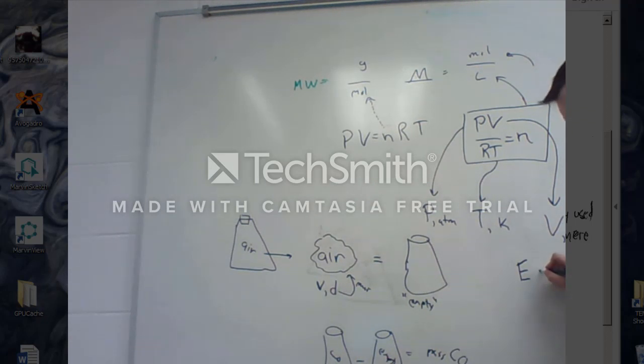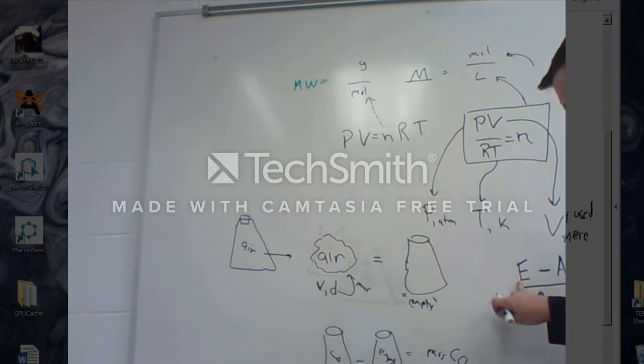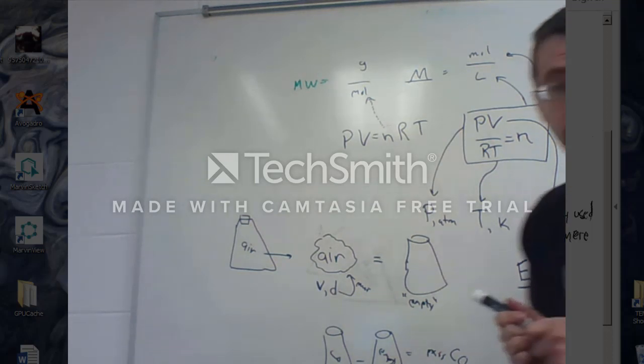Well, we know what its actual value is. So if we subtract our experimental value from the actual and divide by the actual times 100, that will equal our percent error. The actual, which we know is 44 grams per mole, and then divide by the actual to see how far we are, and we can see how close we get.